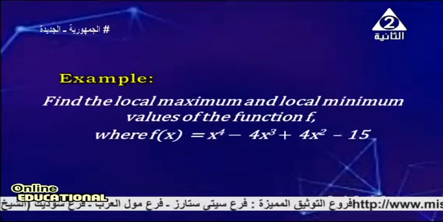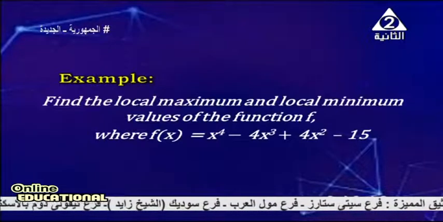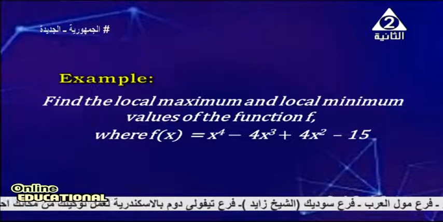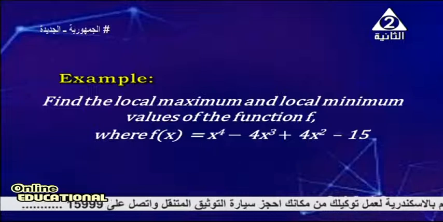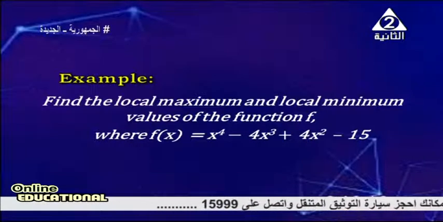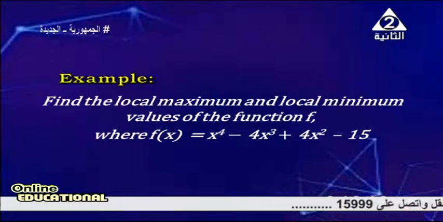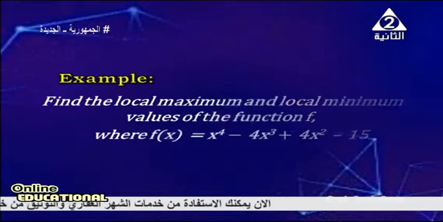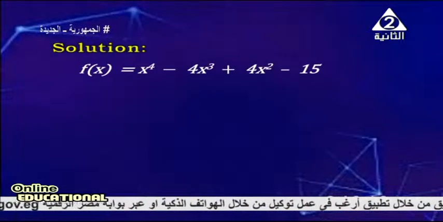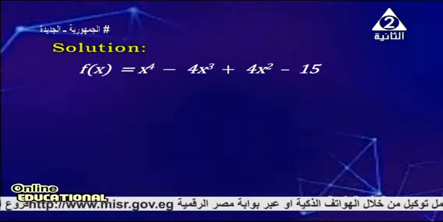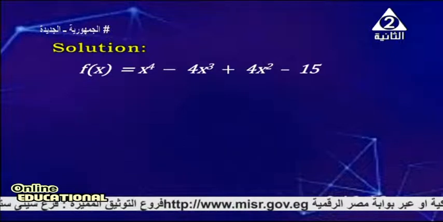Last example today. Find the local maximum and the local minimum values of the function f, where f of x equals x to the power 4 minus 4x to the power 3 plus 4x to the power 2 minus 15. Now, the function f of x equals x to the power 4 minus 4x to the power 3 plus 4x to the power 2 minus 15.